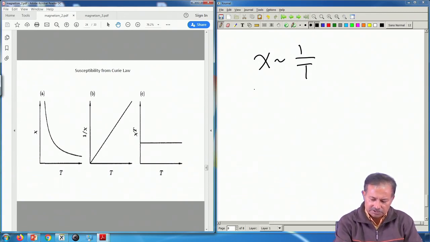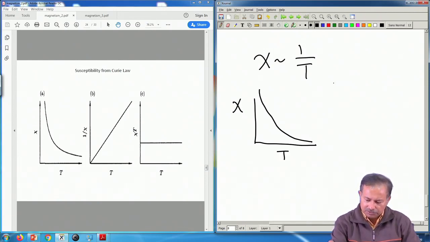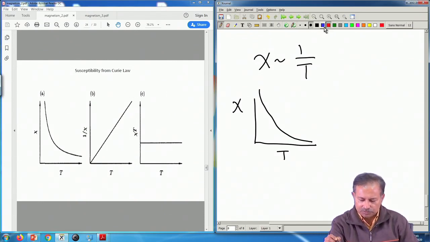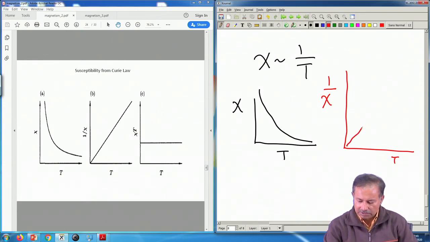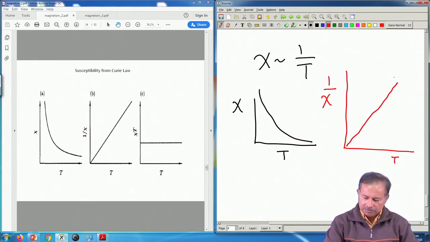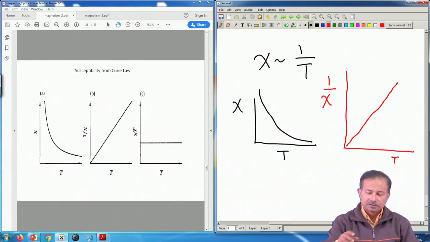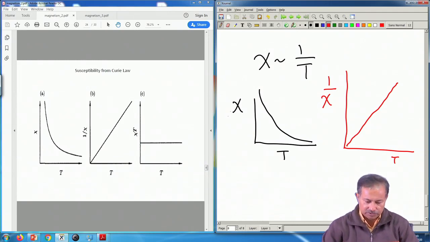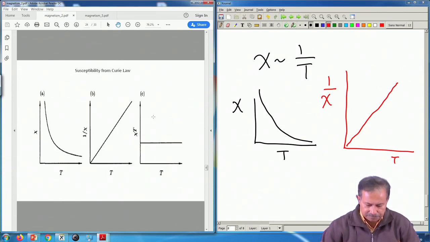So, I can plot this as chi versus t, which is a hyperbola. Usually people plot, and this is the plot that is most common, 1 by chi versus t, which is a straight line, and the slope gives you those quantities that are in front, n mu effective square by 3 kb.